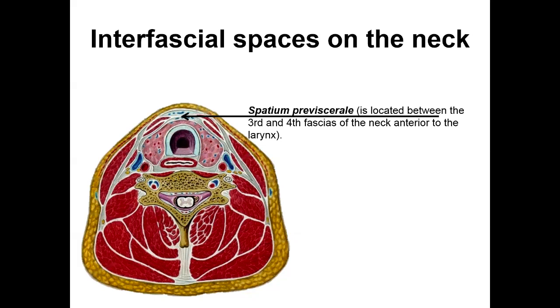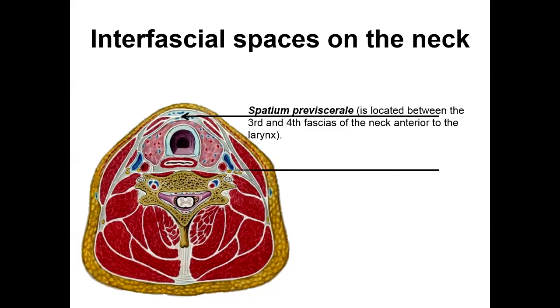This is spatium previscerale. If we try on the specimen to enter by, for example, pincet or scalpel in this spatium previscerale, we should reach the mediastinum anterius in the thorax.